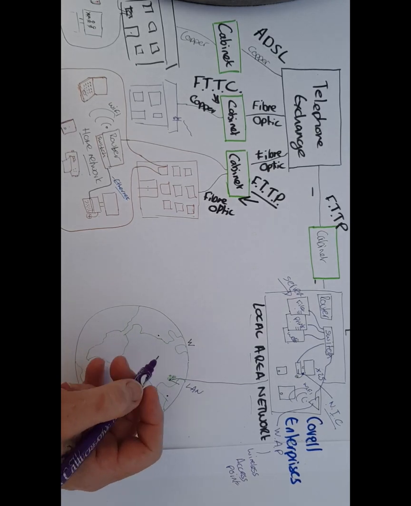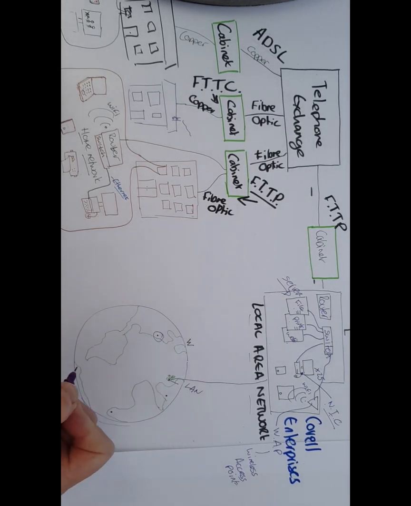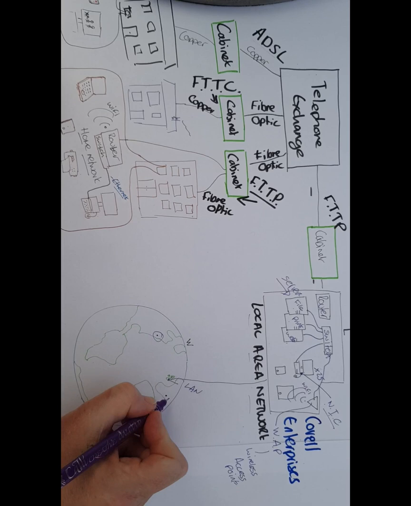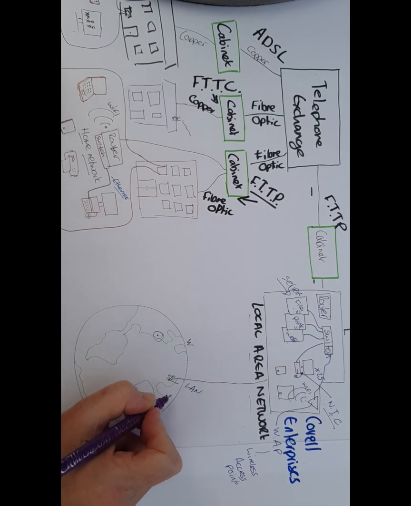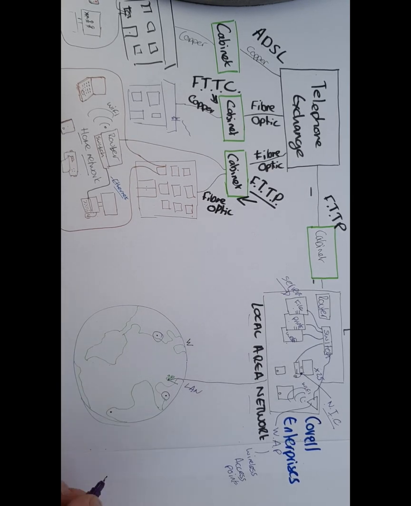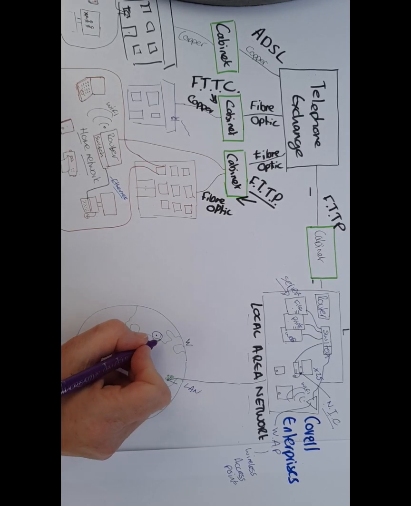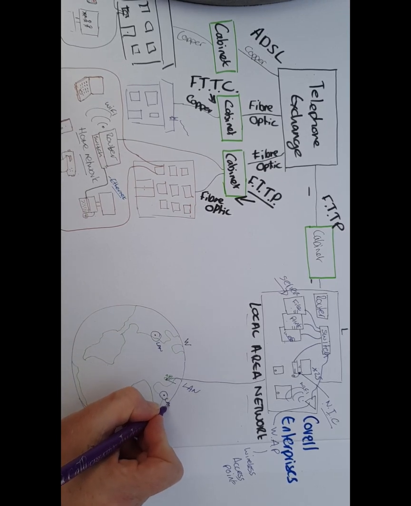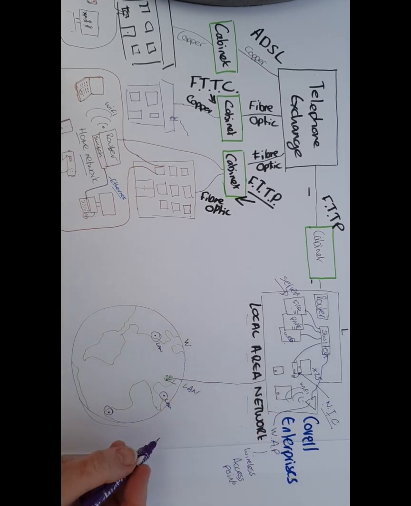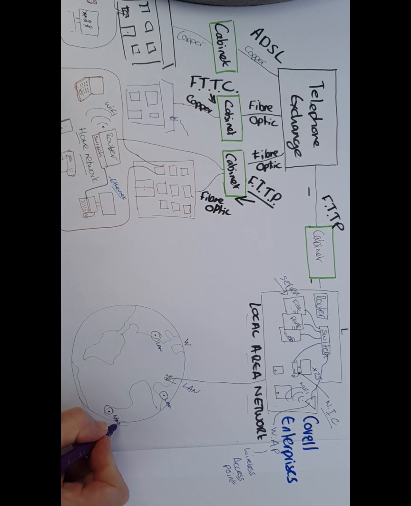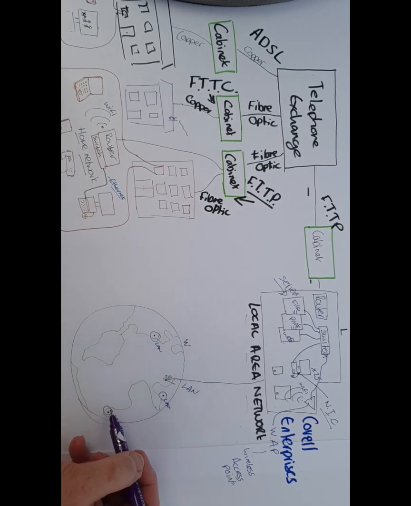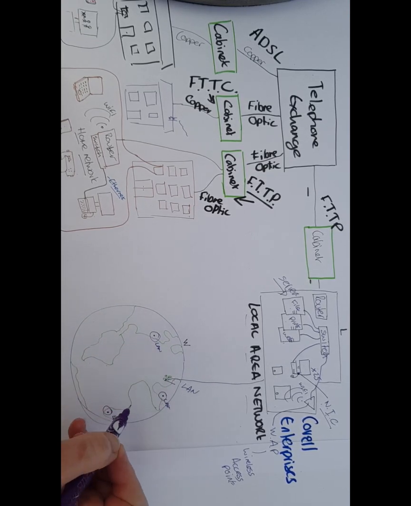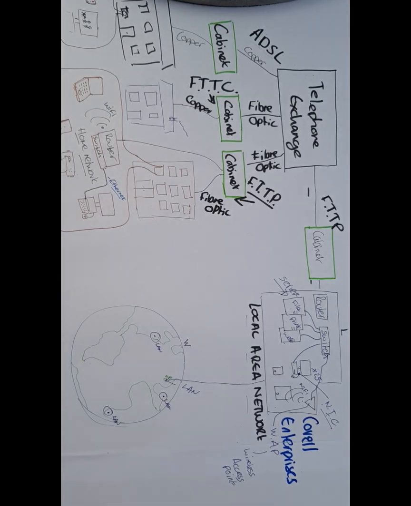But we've also got an office in Washington, somewhere in Southern Europe, and somewhere in South Africa. And in each of those locations we've got a LAN similar to the one in Farnborough. But they're all Cavell Enterprise offices, so we want to be able to communicate.